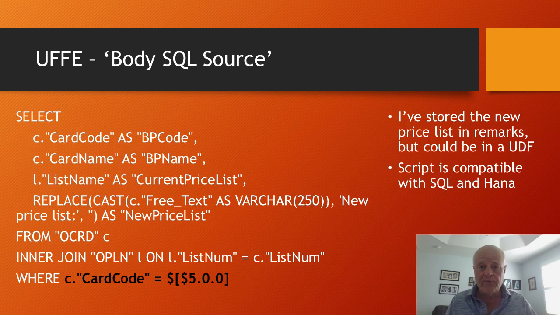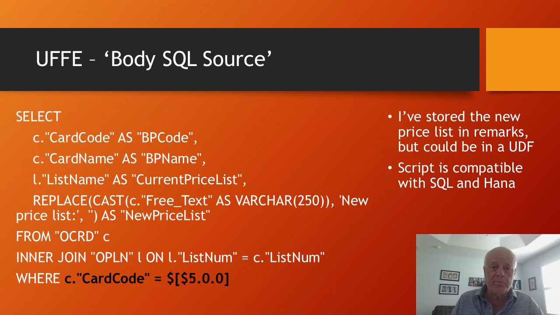So let's look first of all at the body source. This is the body source that I've come up with. Essentially we're going to run this routine from the business partner master. So when you run it from the business partner master, that card code $5.0.0 is the card code that is currently on the screen.